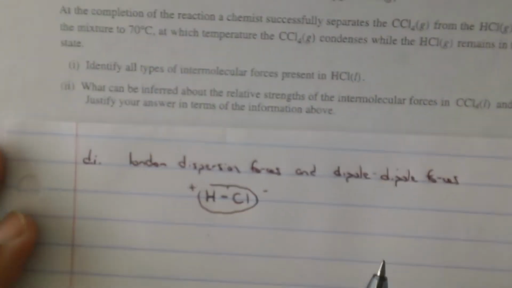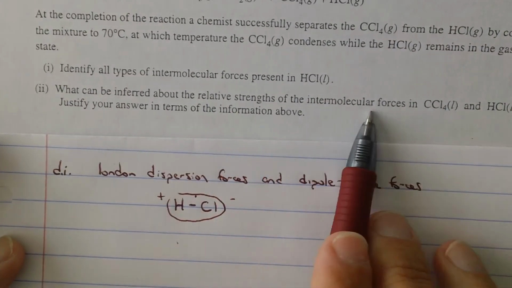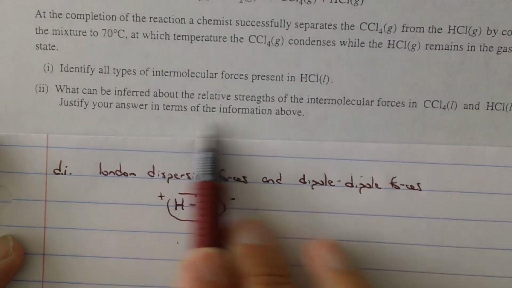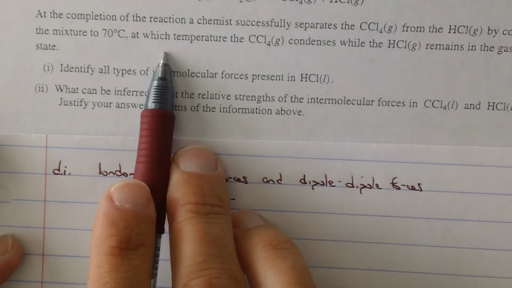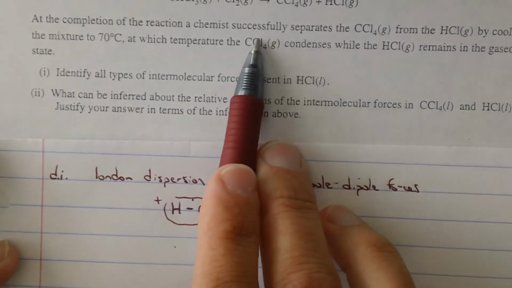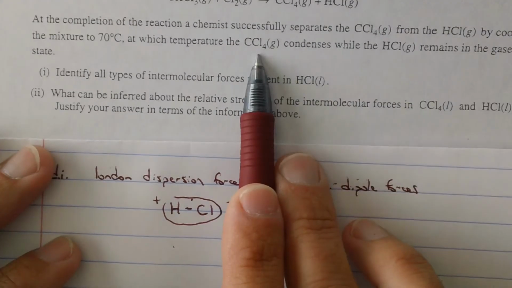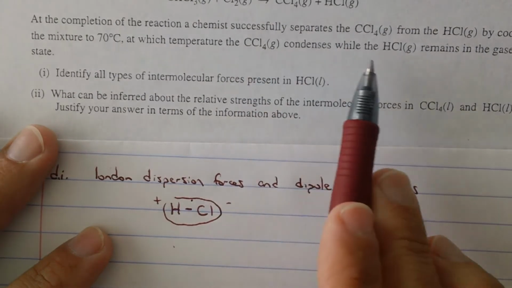And then one of my least favorite questions ever asked on the AP exam. This one hurts my feelings. It says, what can be inferred about the relative strengths of intermolecular forces of CCl4 and HCl? Justify your answer in terms of the information above. They told us that CCl4 condenses before HCl. CCl4 is nonpolar. It just has dispersion forces.